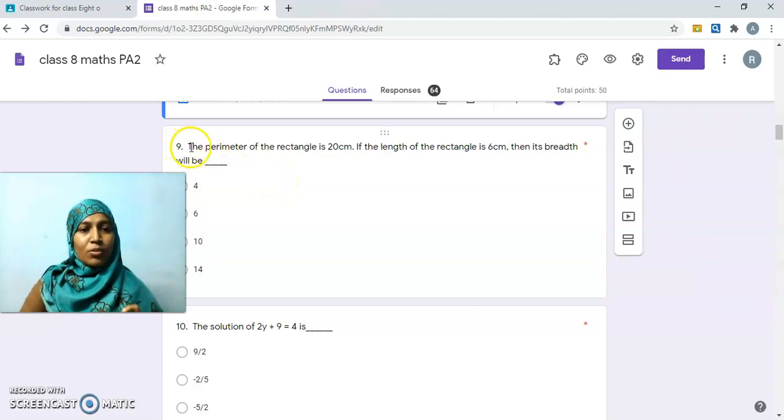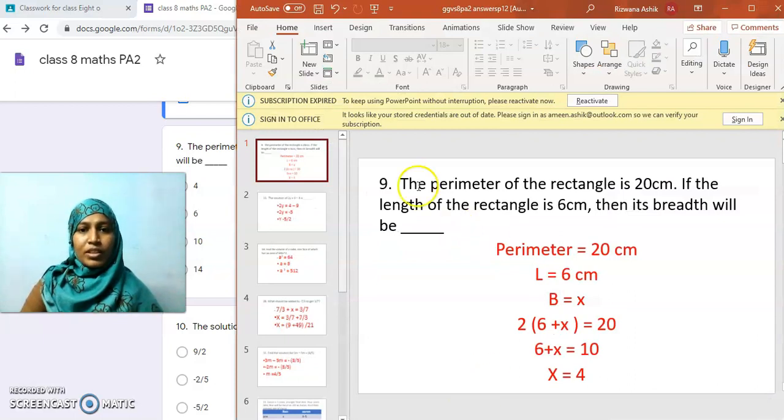Okay. The next question is, the perimeter of a rectangle is 20 centimeter. They have given the perimeter of a rectangle. Let us see it using slides now. If the length of the rectangle is 6 centimeter, then its breadth will be dash. I have taken down perimeter and length, and I have considered breadth to be x.